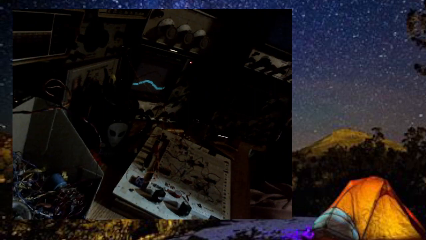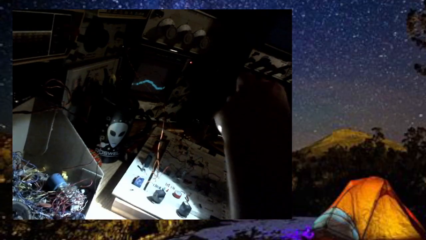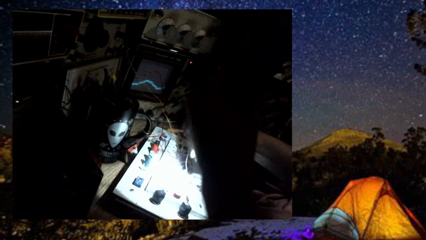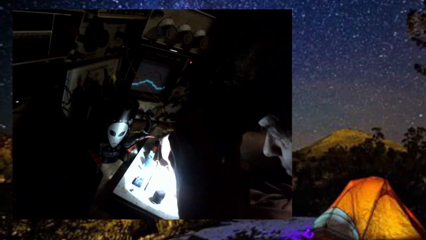That one's lit. I can't tell which side is which on this stupid thing. I think the diode is blown because I can't get it to light up.